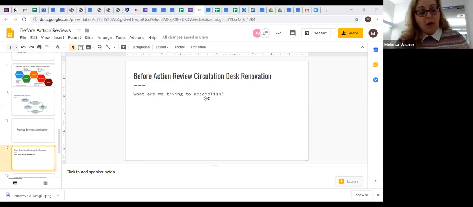If you've ever gone through a renovation or worked someplace where a renovation was happening, think about what you know about busy service points in libraries. And again, I think it's okay to feel like you don't necessarily know everything about it too, because that's the spirit of the exercise.